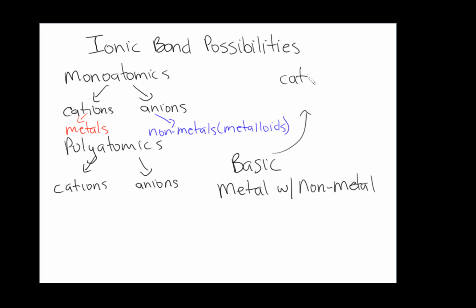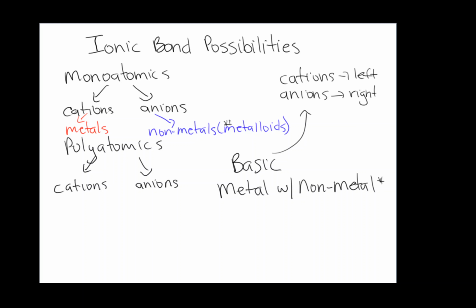Cations are always written on the left, and the anions are always written on the right. So when I said metal, I was talking about cations, and nonmetal, I was talking about the anions. And don't forget the metalloids. That's my little asterisk right there.